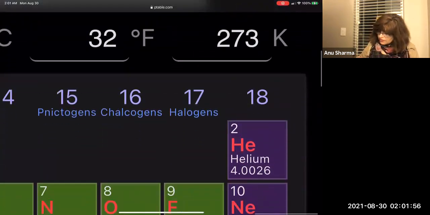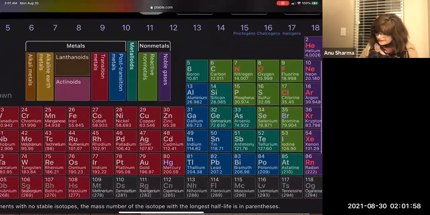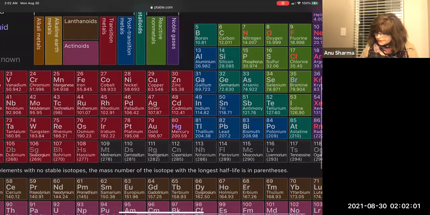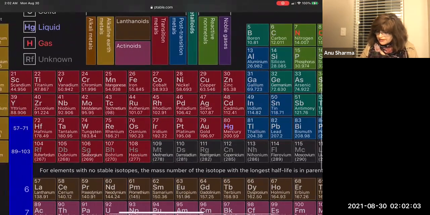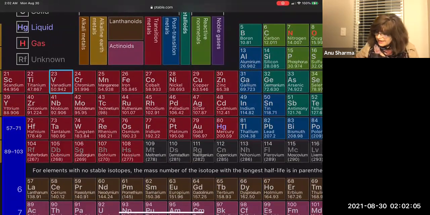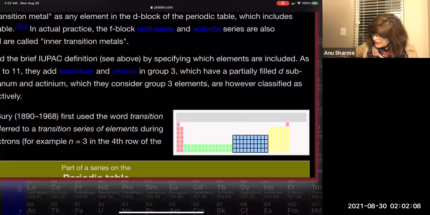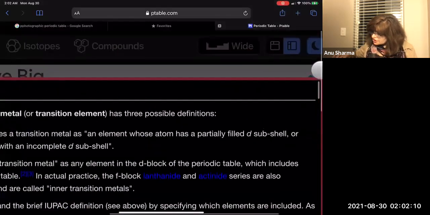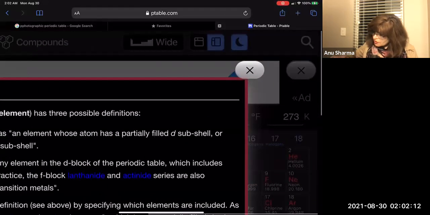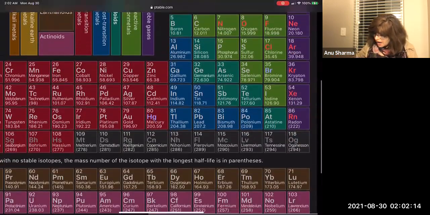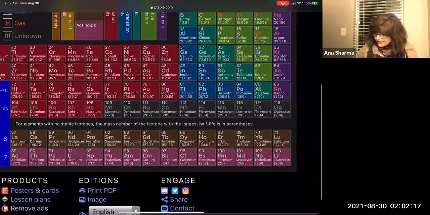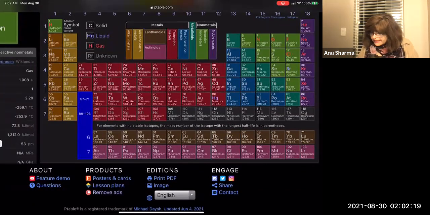Okay, now let's look at these guys in the middle, the gray, the red ones, or crimson color. These are called transition metals. Commonly you see copper, iron, silver, chromium, zinc, gold, mercury, and tungsten, that's found in the bulbs.